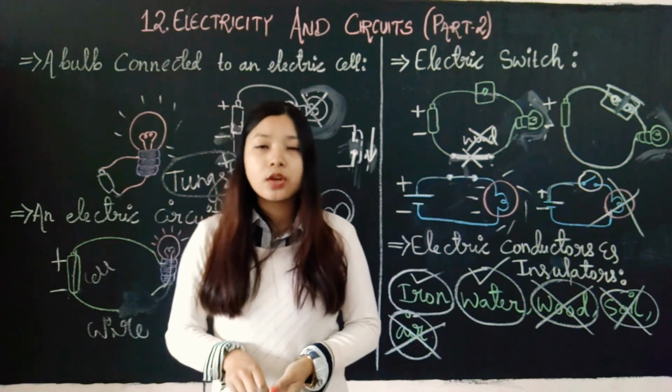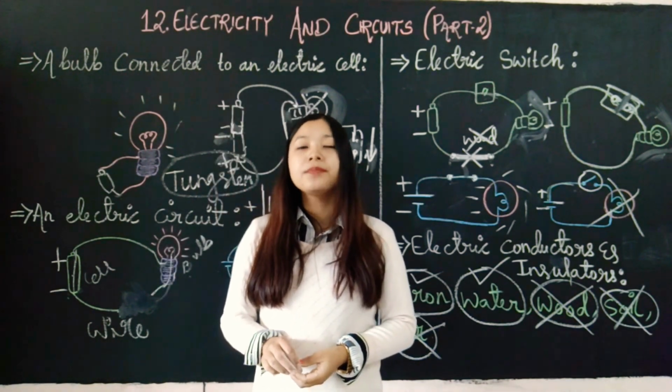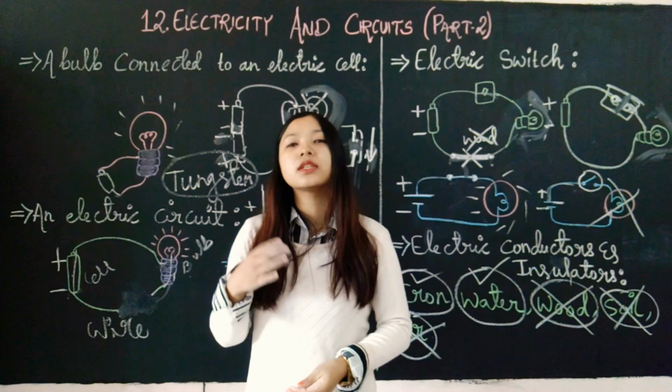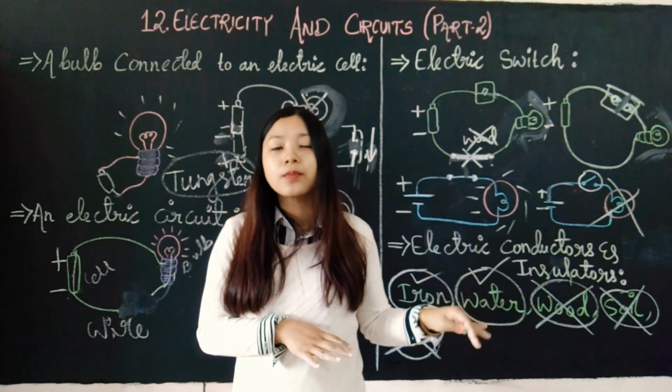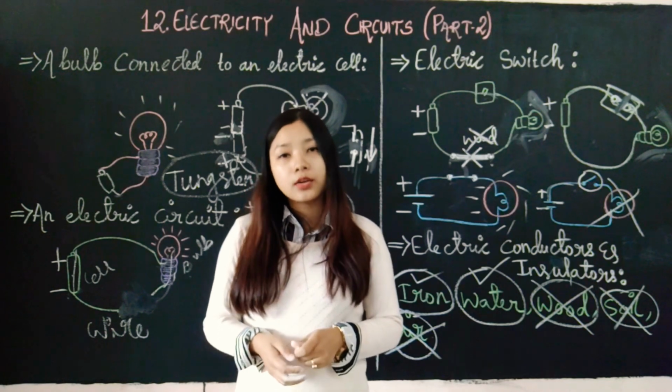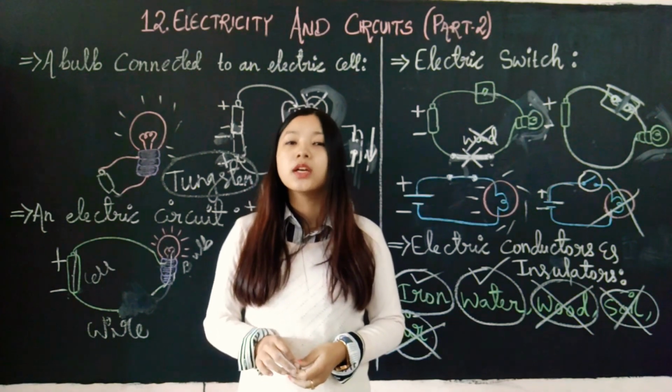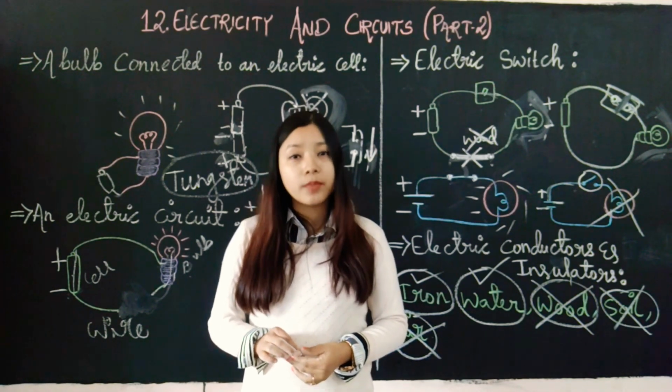So I hope that you have understood this chapter properly. This is an important chapter because in the coming years, this is the base for you to understand the chapter of electricity. I hope that you go through your textbook so that you can understand it in a better way.